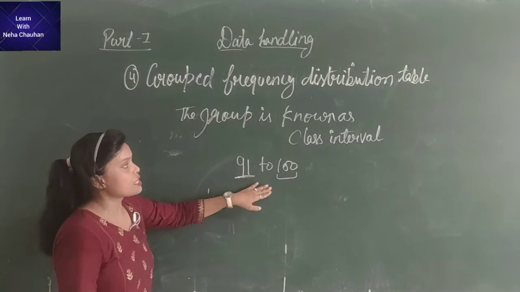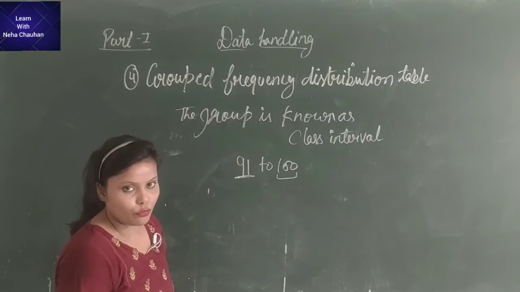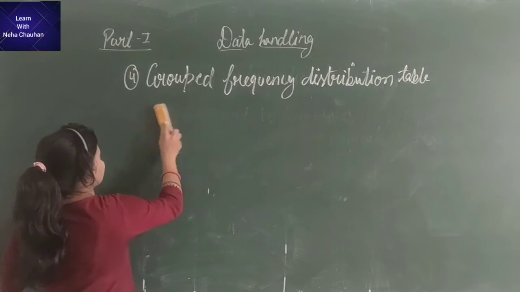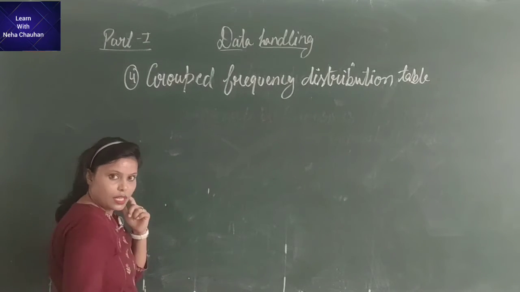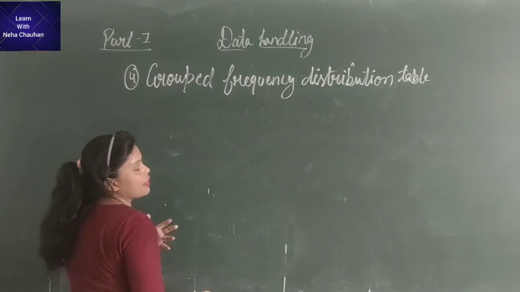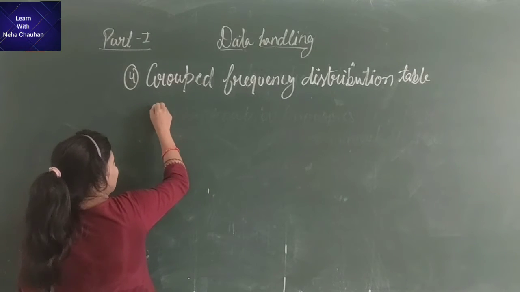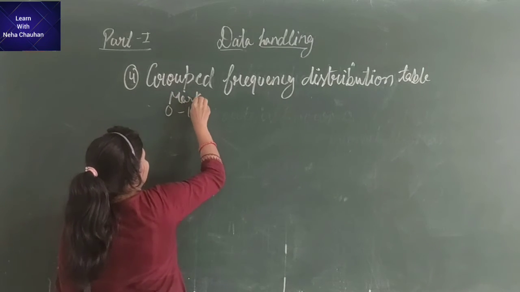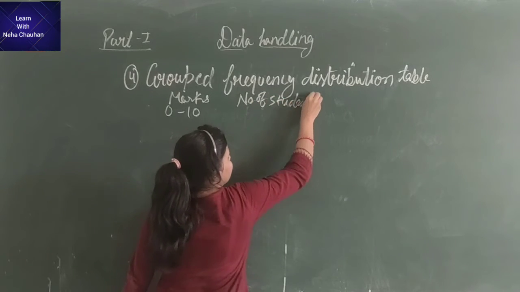All right, this representation can also be in the bar graph but with different form. Okay, so let's take an example. I am taking the same example as your grading system. Suppose in a test a class got some marks. So 0 to 10 students marks, and here number of students, right?